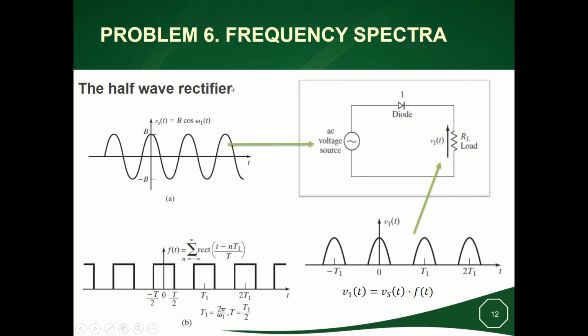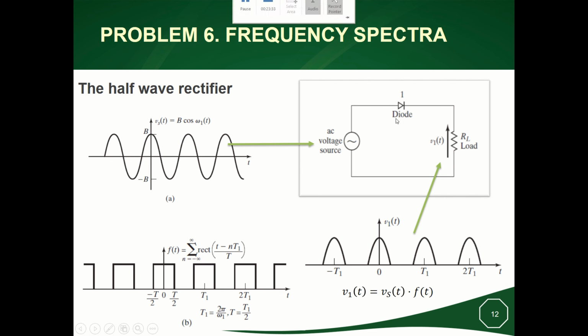So here we are considering a nonlinear circuit where we have a source followed by a diode, and here we have a load resistance RL. Okay, so the voltage v1(t) can be seen as a product of the source voltage times f(t), and f(t) is a train of pulses of that form.